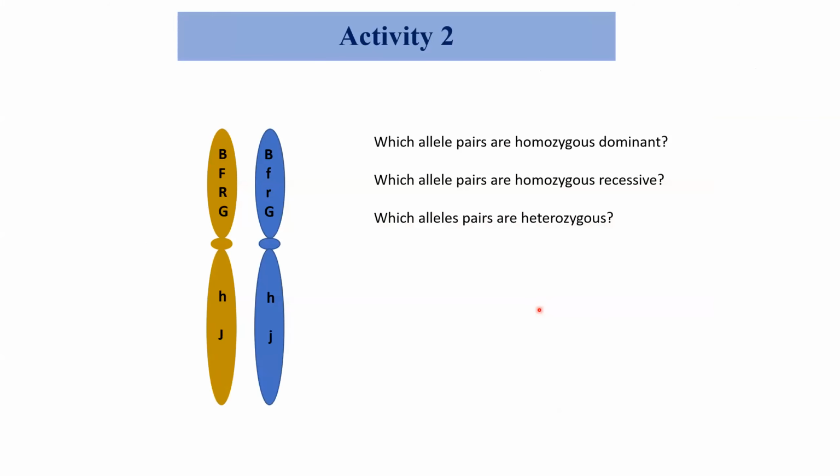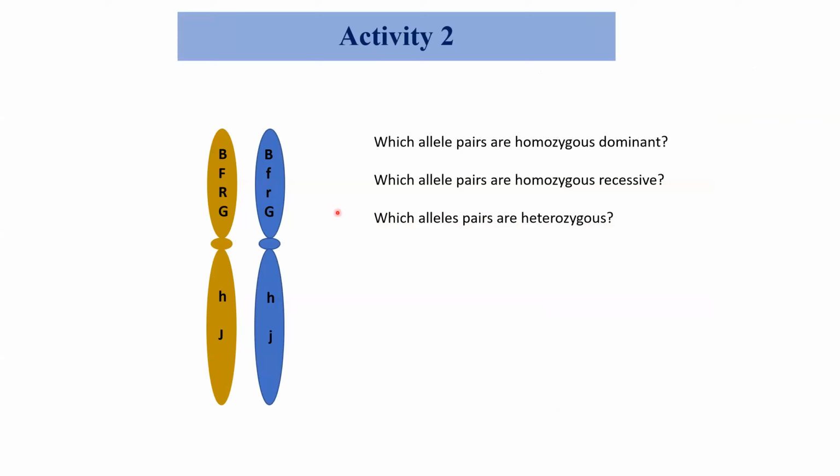Activity 2 would be, you would look at homologous chromosomes, and in your lab manual, you should see a homologous chromosome as shown here.